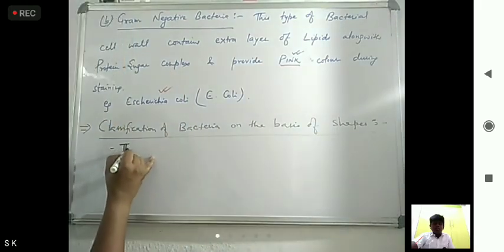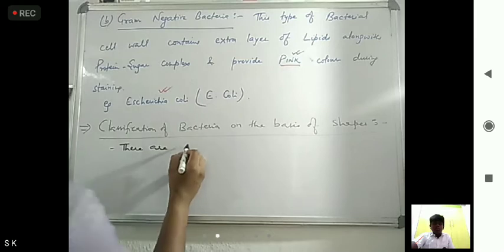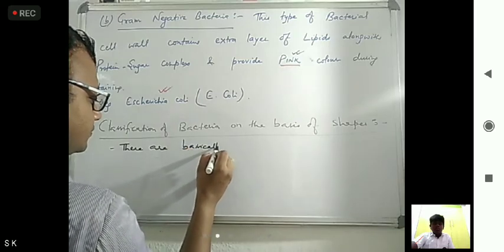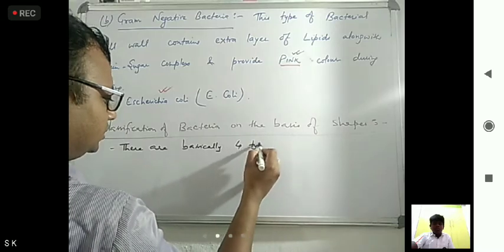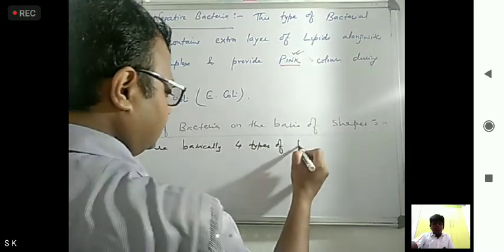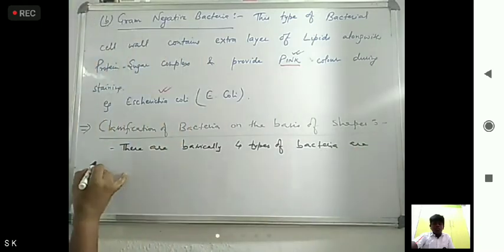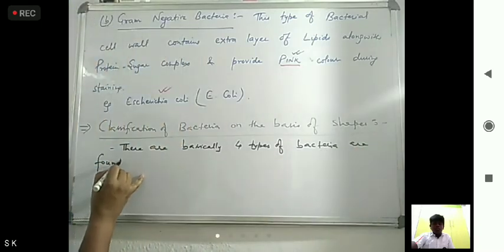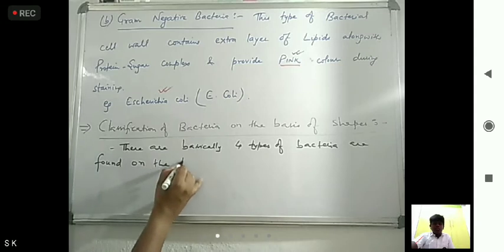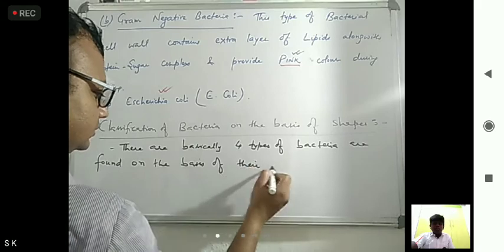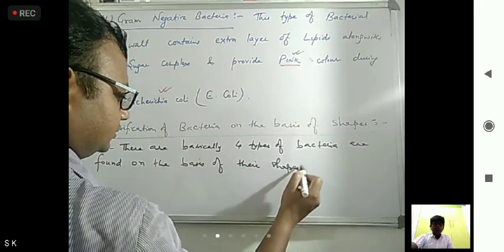So there are basically 4 types of bacteria found on the basis of their shapes.